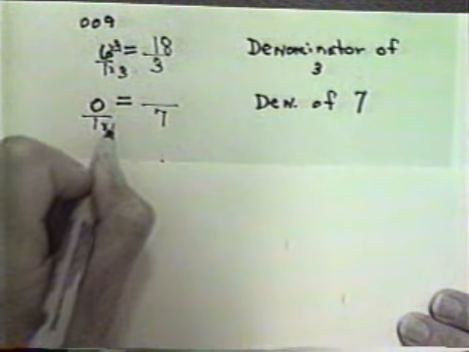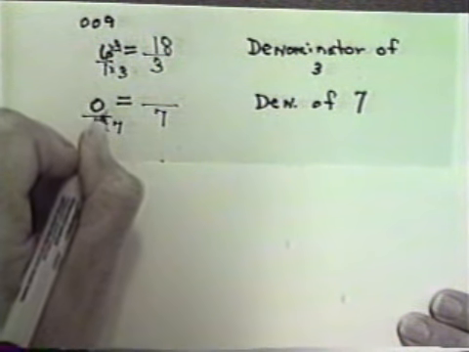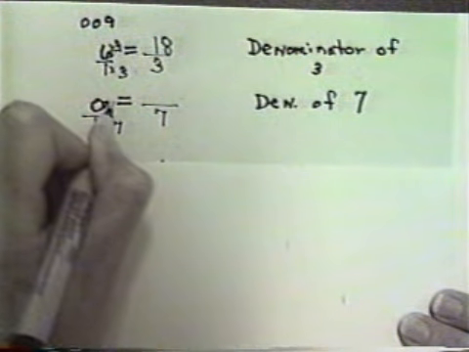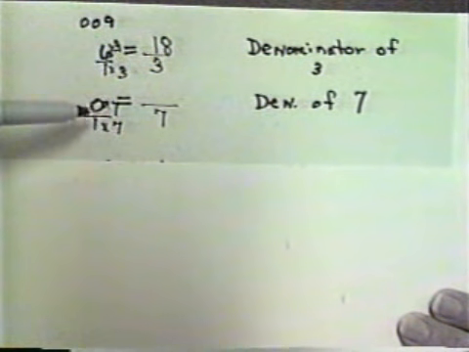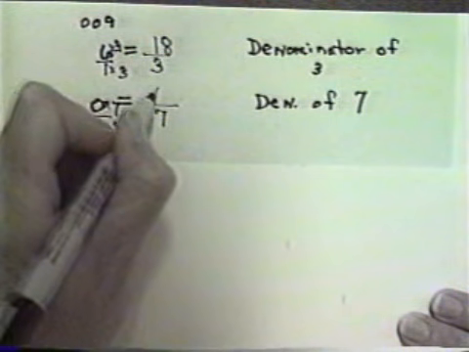We'd multiply it by 7, and then we'd multiply 0 by 7. You have to multiply them both by the same thing. We're multiplying 1 by 7 to get 7, so we have to multiply 0 by 7, and that gives you 0. So 0/7 represents 0 as a fraction with a denominator of 7.